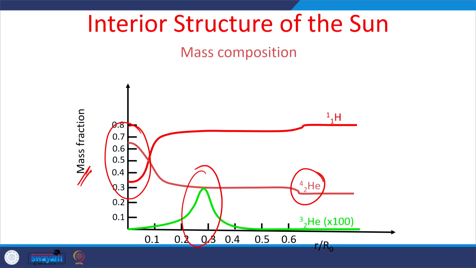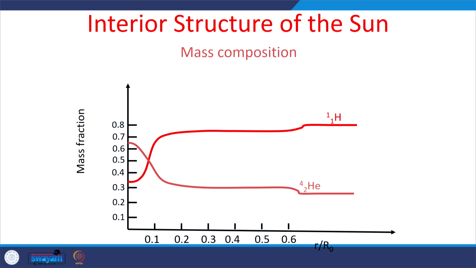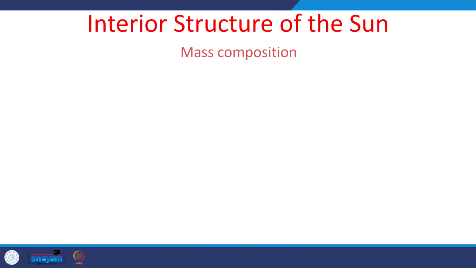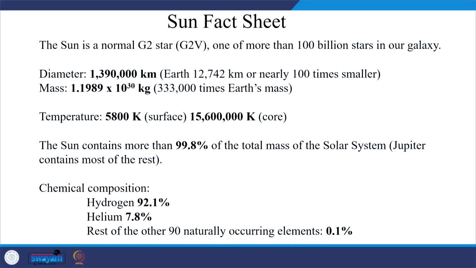Now, this is how the mass is distributed inside the sun. So how do we know? We have never been able to send any instrument inside the sun, right? This is where you can start thinking. Even when we talk about these basic facts, the sun is a very hot object.